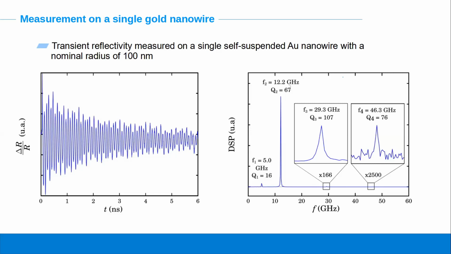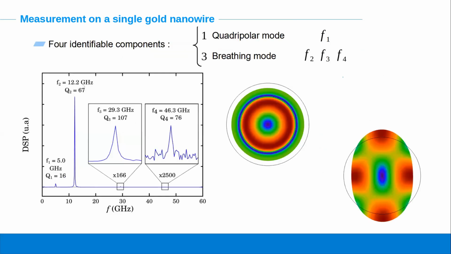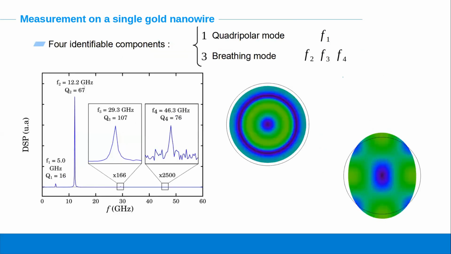And so we can observe large oscillations for a long time for nanoparticles, in that case more than 6 nanoseconds, and the spectrum of such a signal displays several components over a large range of frequencies from 5 gigahertz to almost 50 gigahertz, and this is the information we're interested in, because every single one of these components corresponds to an eigenmode of the nanowire.